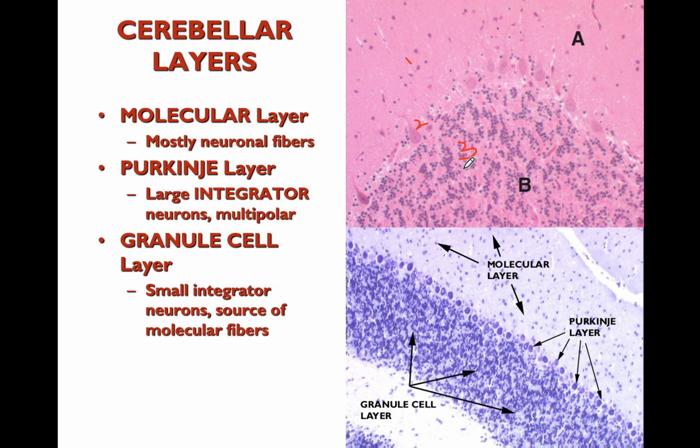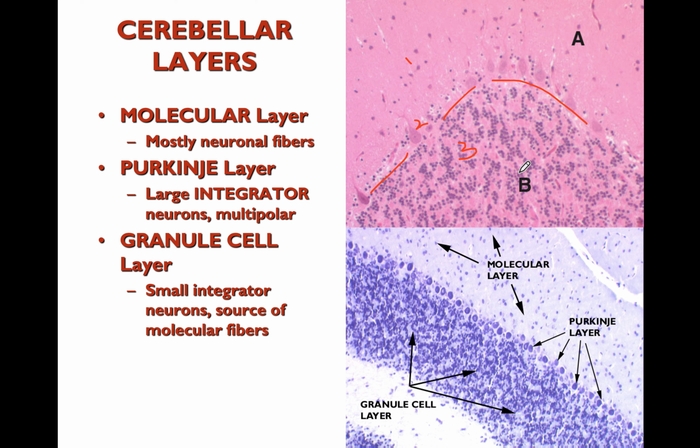Number one is the molecular layer, mostly neuronal fibers, whereas this is the area of very large neurons, which is one cell layer. This is called the Purkinje layer because it has large integrator neurons, and usually these neurons are multipolar.